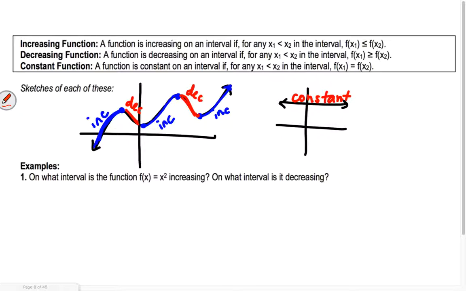Okay, so it says on what interval is the function f of x equals x squared increasing? On what interval is it decreasing? So you guys should all know what f of x equals x squared looks like. So it looks like a parabola going through 0, 0. It's decreasing, and then it's increasing.